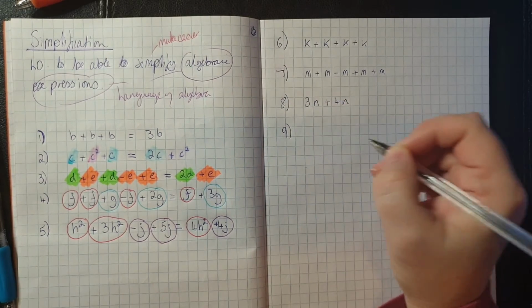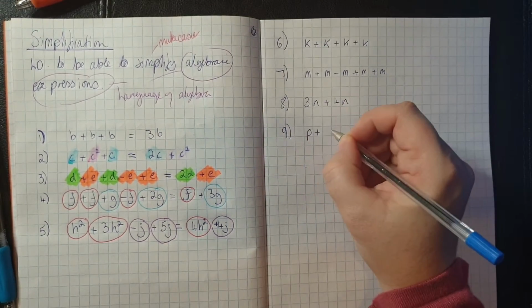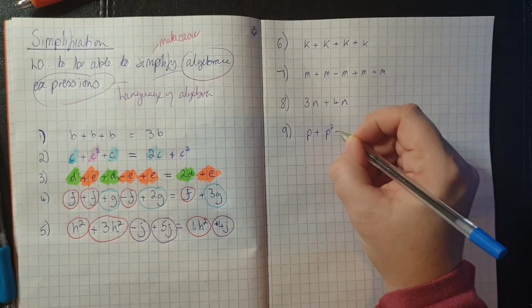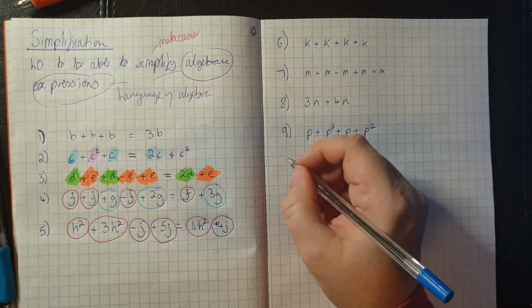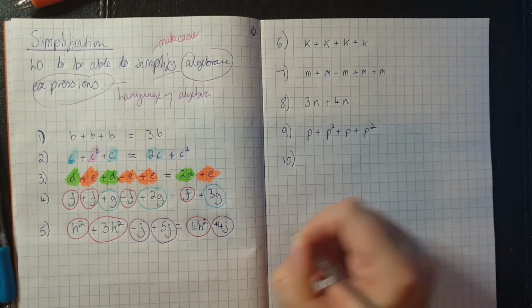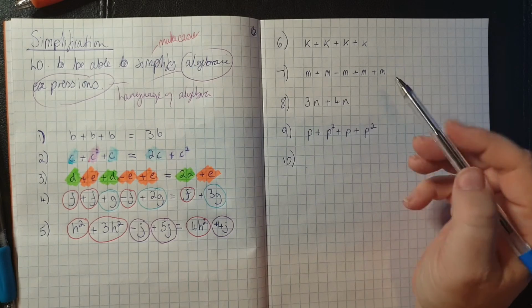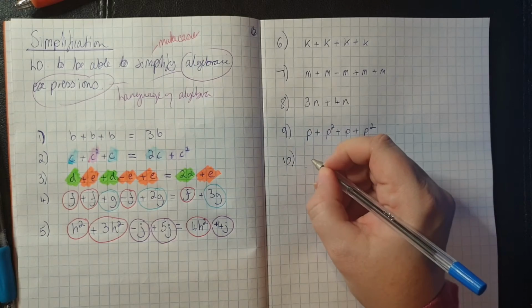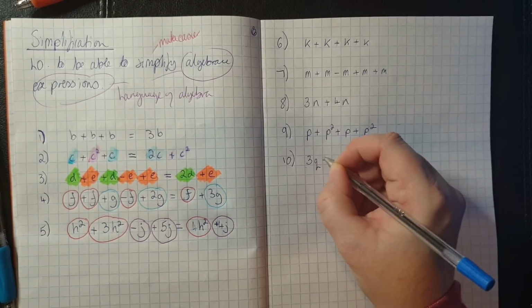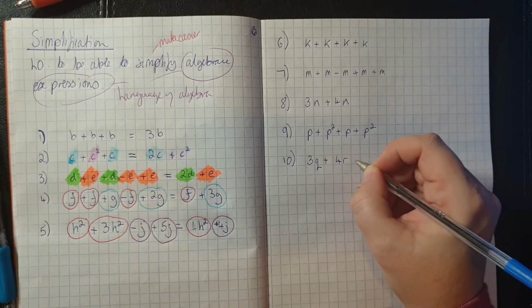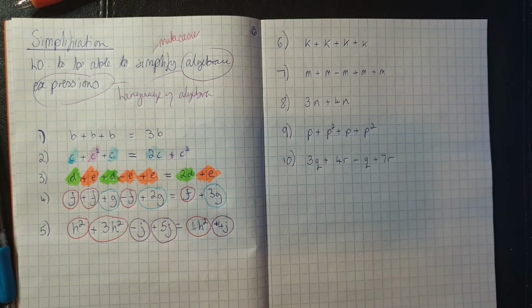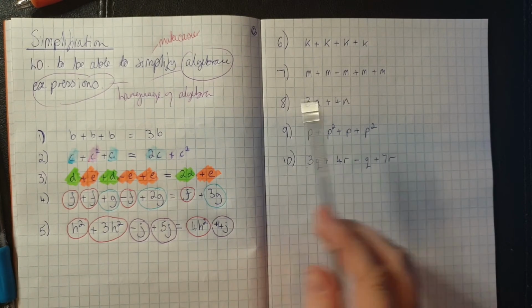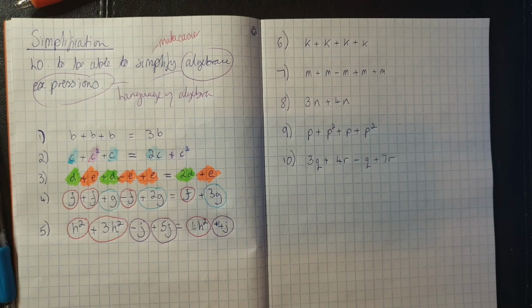Number 9, going to get trickier, P plus P squared plus P plus P squared. And number 10, LMNOPQ, we'll have 3Q plus 4R minus Q plus 7R. So again, break it down each question, write out what you think the simplification is, and pause the video.